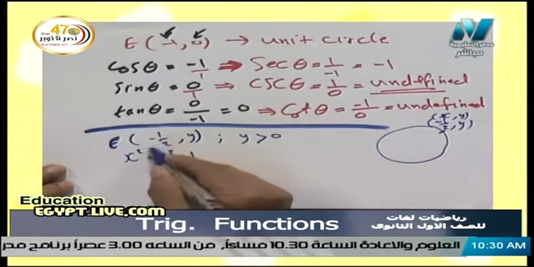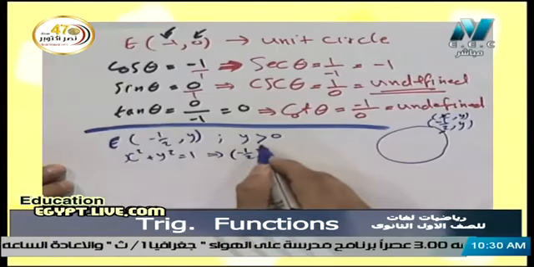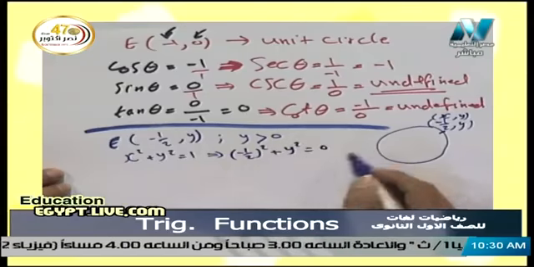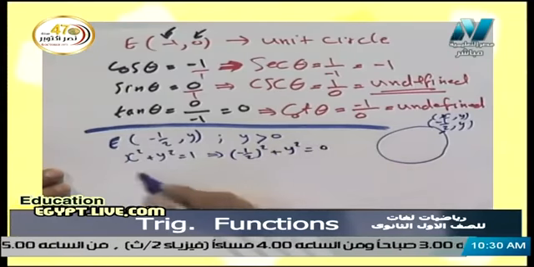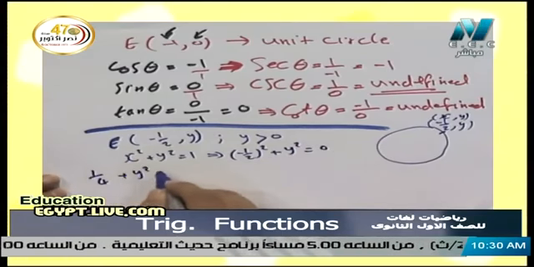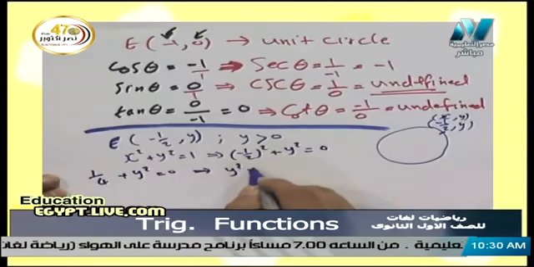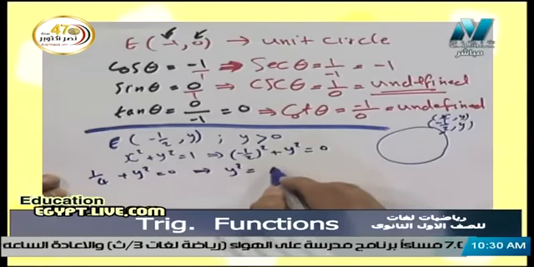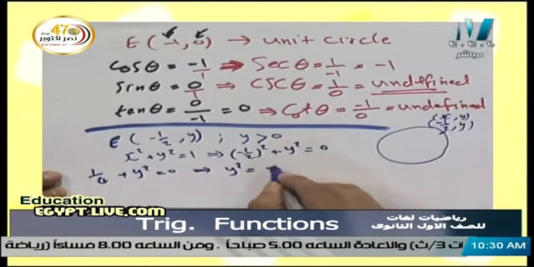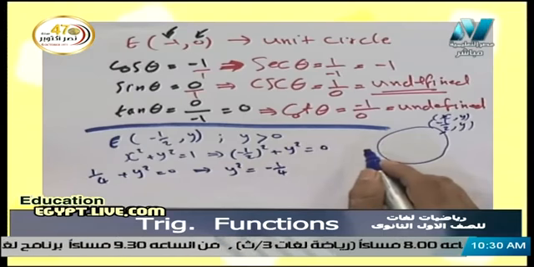X power 2 is negative half power 2 plus y power 2 equals 0, of course. Negative half power 2 is 1 over 4 plus y power 2 equals 0, and the solving of this equation is y power 2 equals negative 1 over 4. Okay.